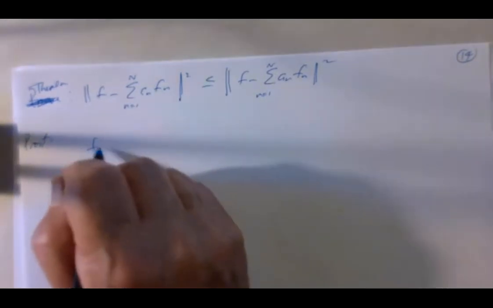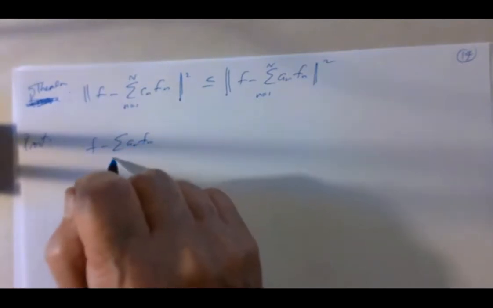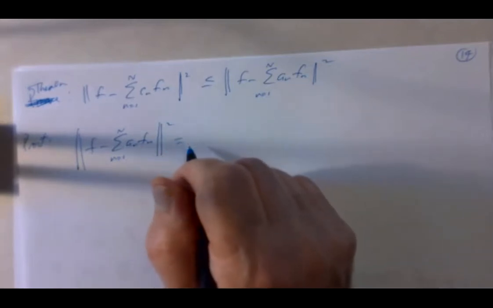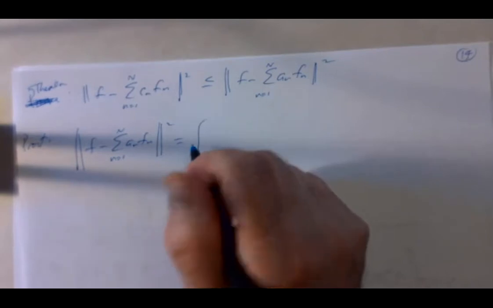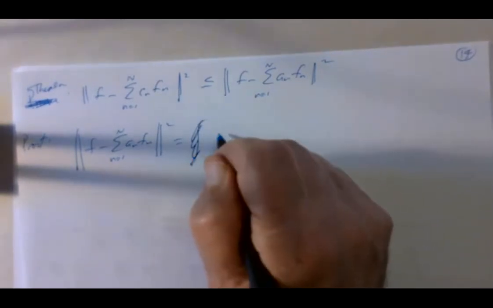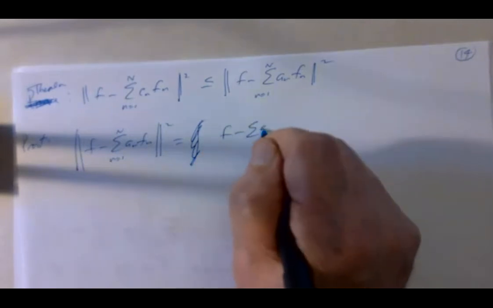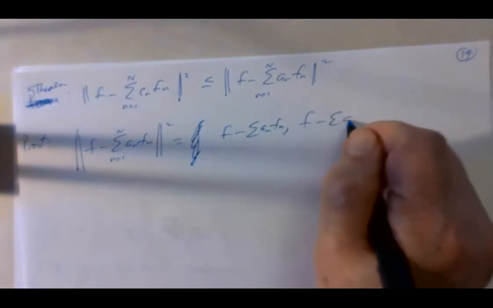If I take f minus summation an fn and square the norm, this is the inner product of f minus summation an fn with itself.